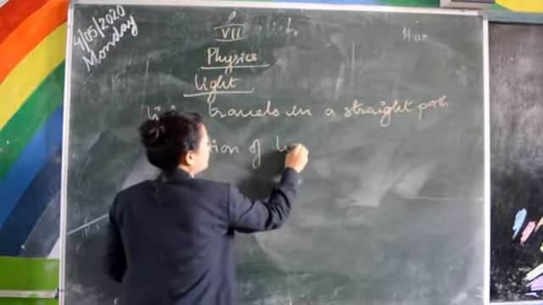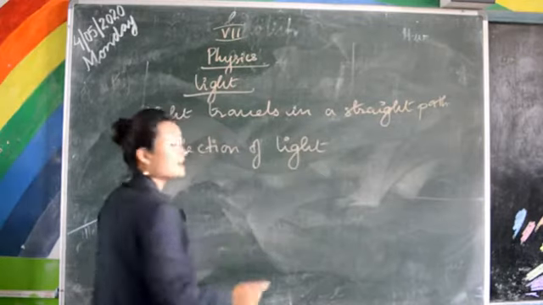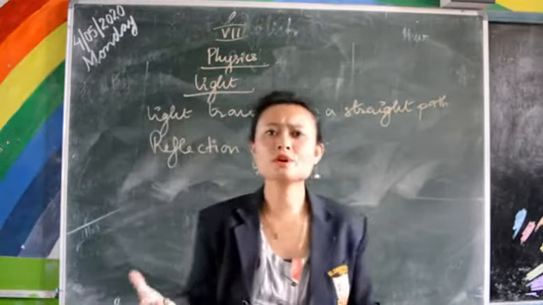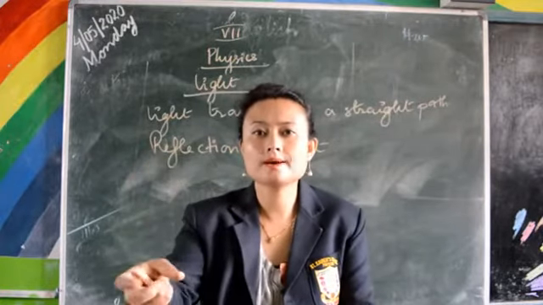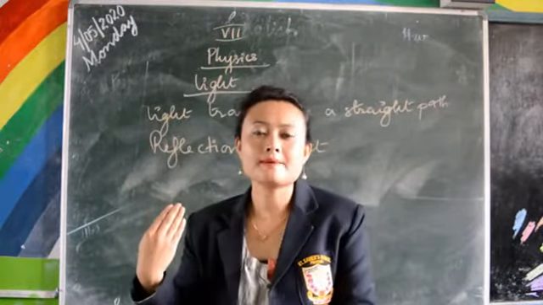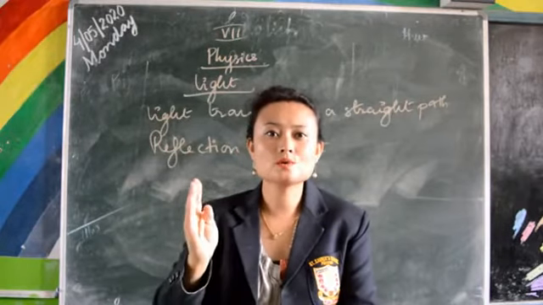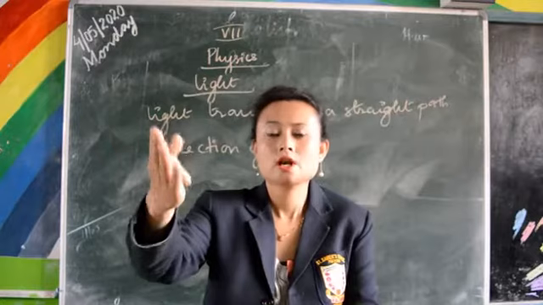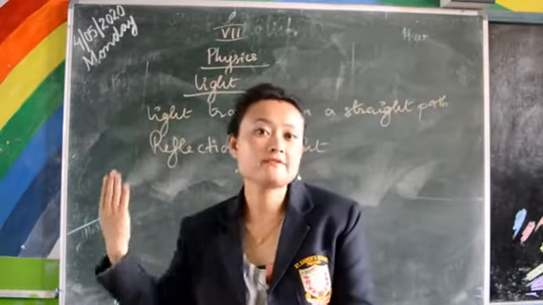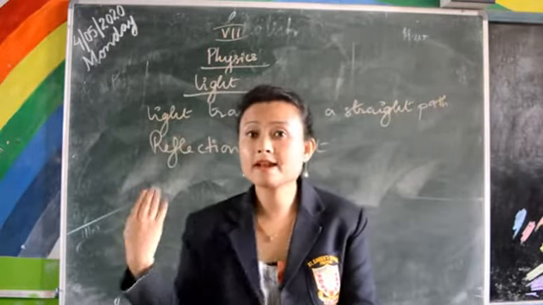reflection of light. For example, when you throw a rubber ball on the wall, what happens? The rubber ball bounces back. Exactly, the light also, when it travels straight and hits an object, will reflect back.